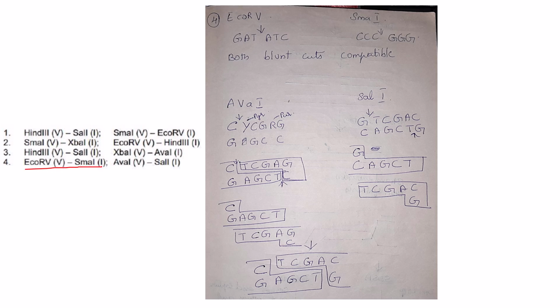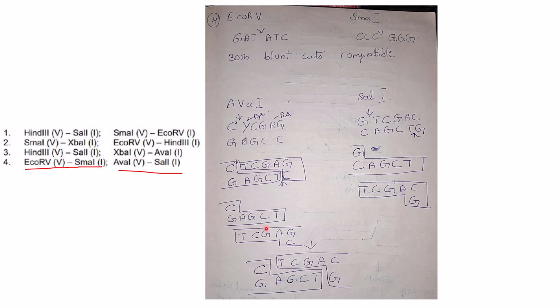Now what about AvaI and SalI? So for AvaI, they have marked Y and R. Y means it can be any pyrimidine, and R means it can be any purine base. Now I have taken the pyrimidine as thymine, C, G, and the purine I am taking as A and G, and we are cutting it.